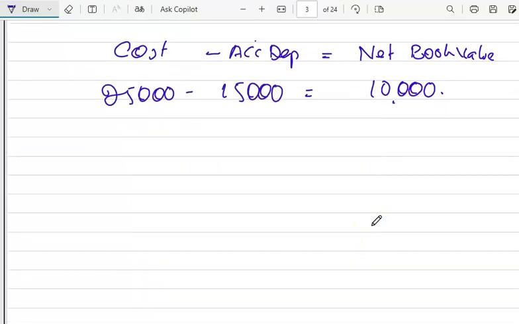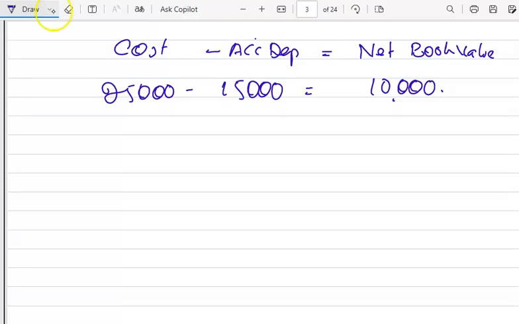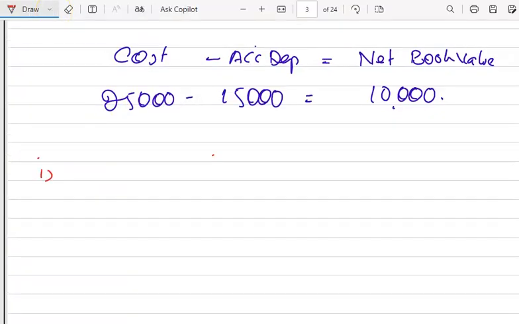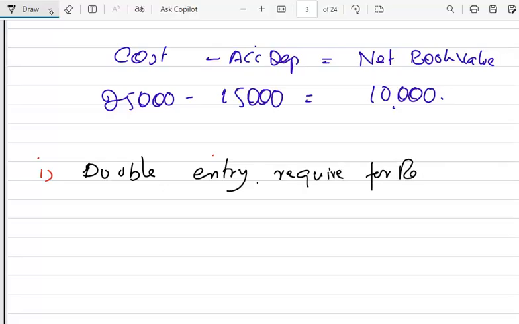Let's come to the first one. We will record the transaction. When the transaction occurs, we have to record them. A double entry is required for recording the sale or disposal of non-current assets.